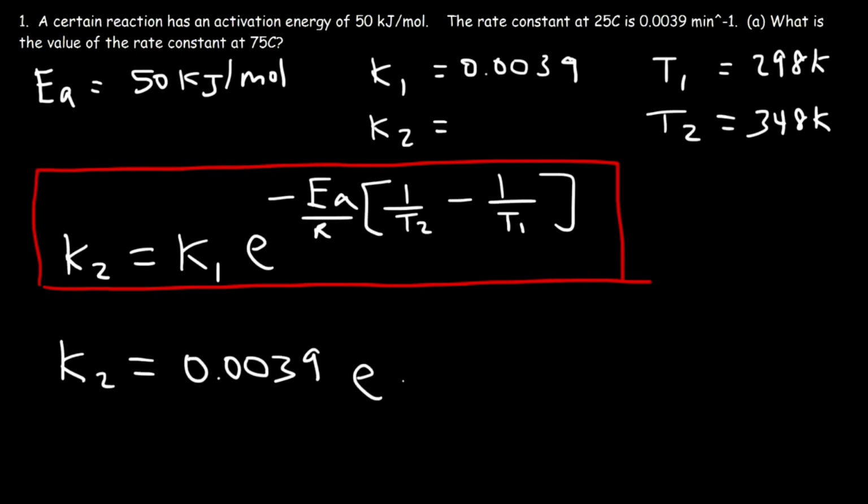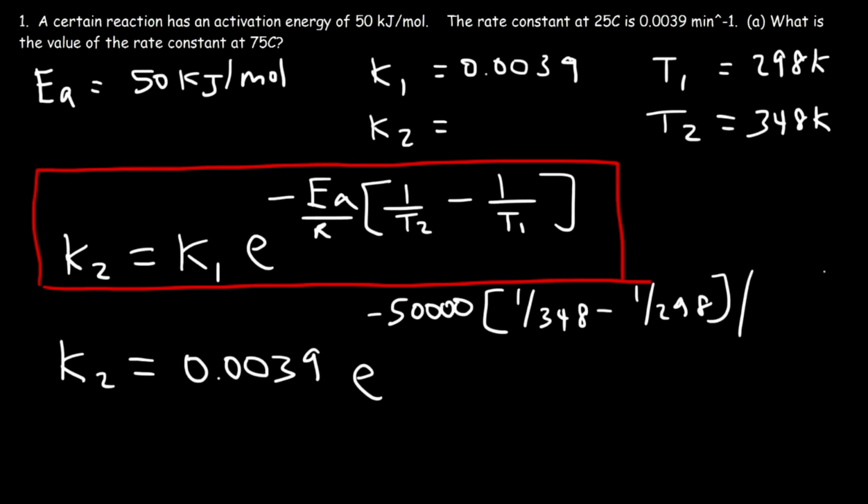The activation energy has to be in joules, so we've got to multiply 50 by 1,000. So it's going to be 50,000. And then it's 1 over T2, which is 348, minus 1 over T1, which is 298. And then divide that by R. R is 8.3145 joules per mole per Kelvin. You don't want to use the gas constant for R, 0.08206. It's not going to work for this equation.